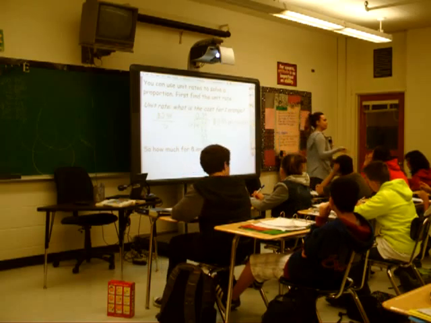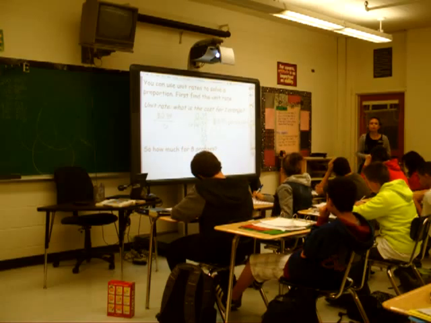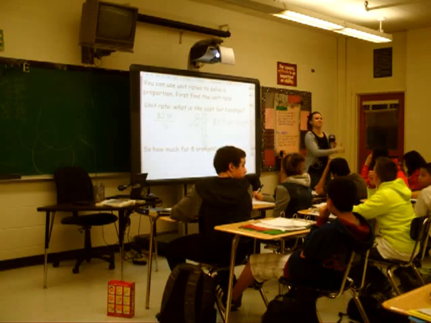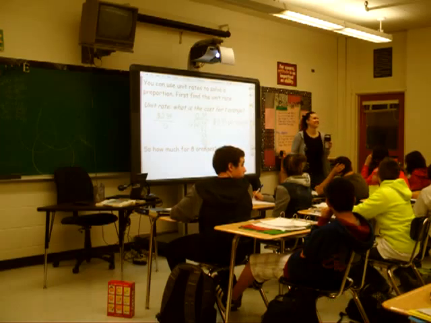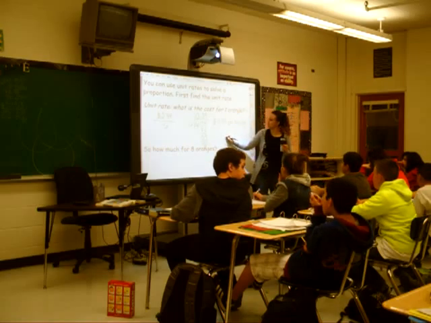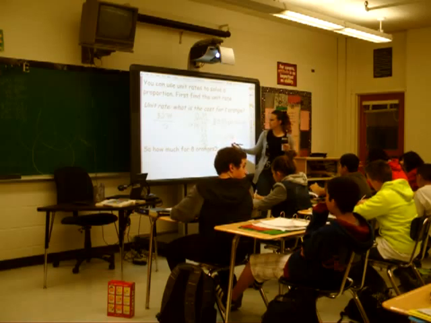Now if we know that 1 orange costs us 39 cents, how could we figure out how much 8 oranges would cost us? Right, multiply by 8. So 0.39 times 8.